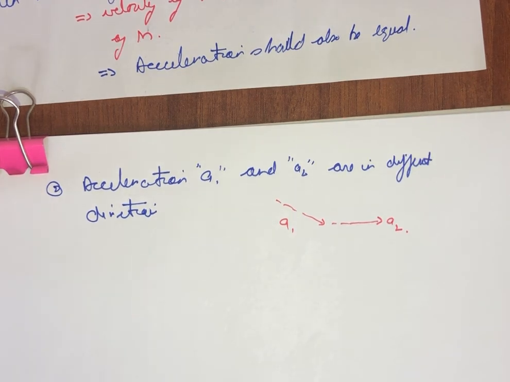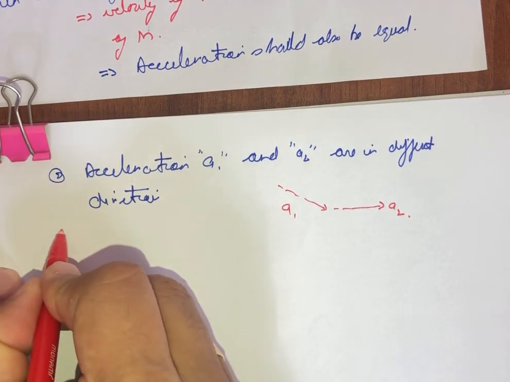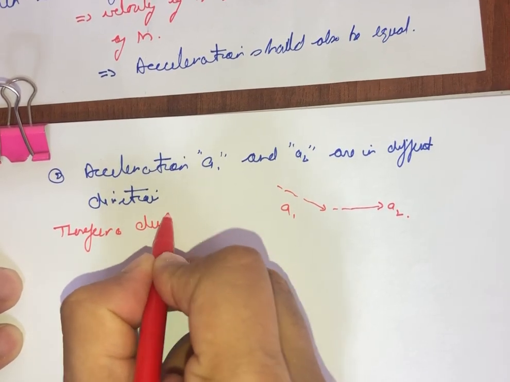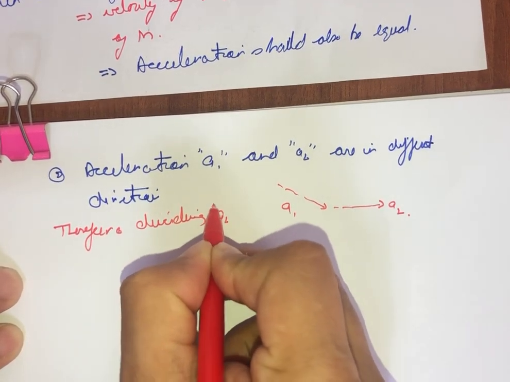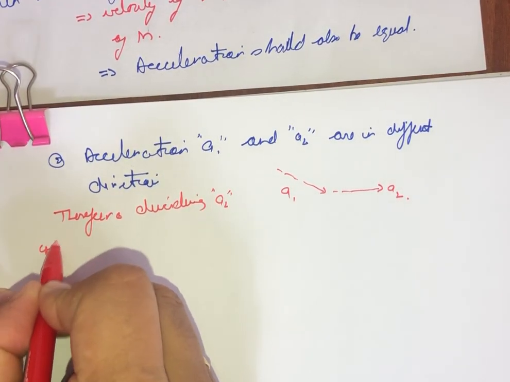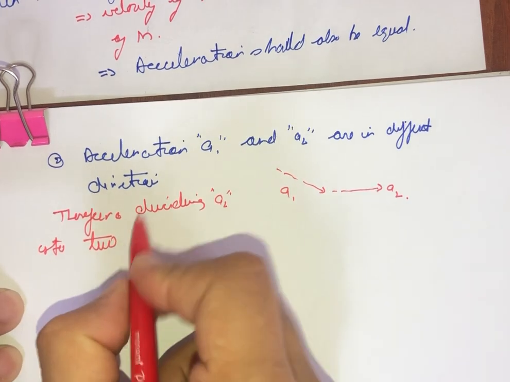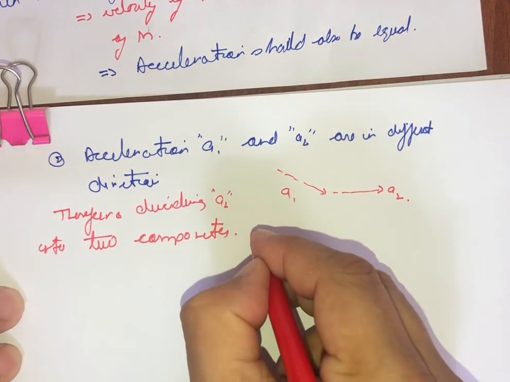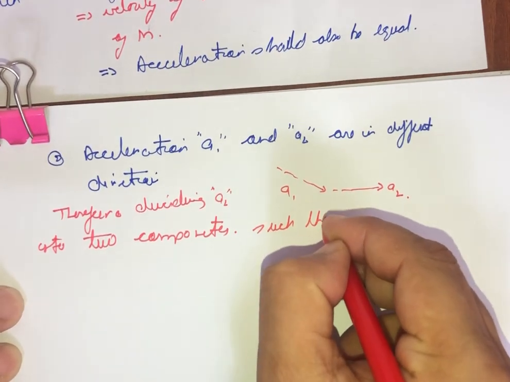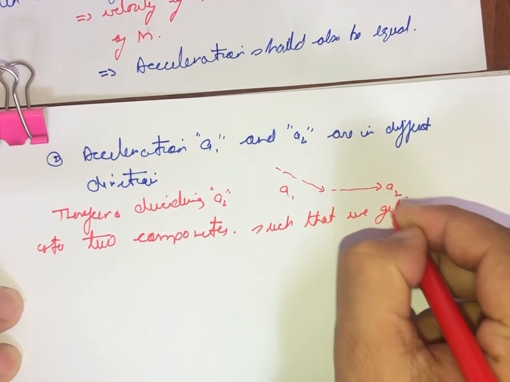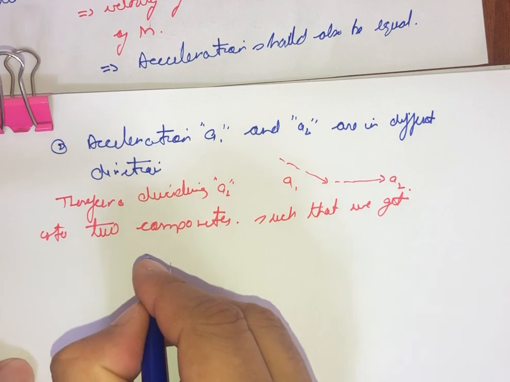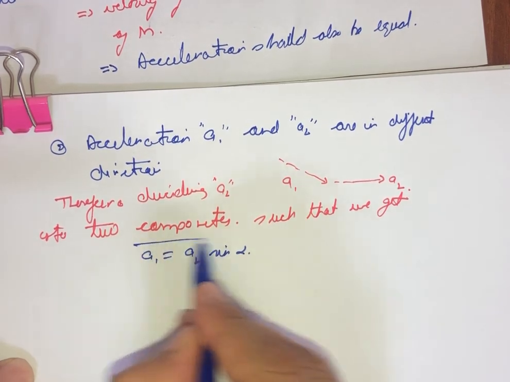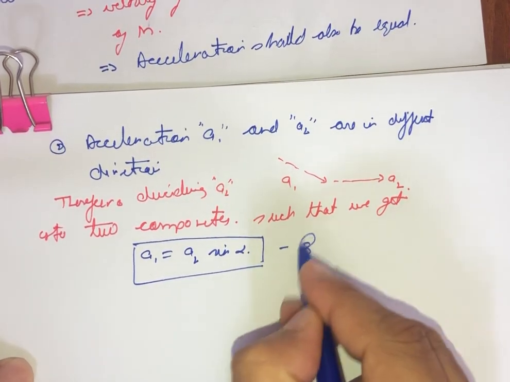So dividing A2 into two components, such that we get A1 is equal to A2 sin of alpha, and this is our equation number 3.